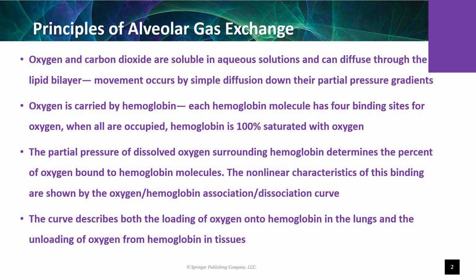Oxygen diffuses across the thin alveolar capillary interface relatively easily, down its partial pressure gradient from alveolar air to capillary blood plasma. At the same time, carbon dioxide will diffuse in the opposite direction.